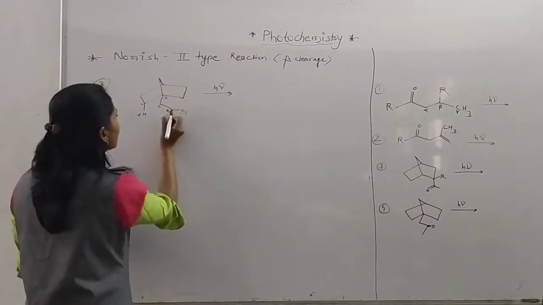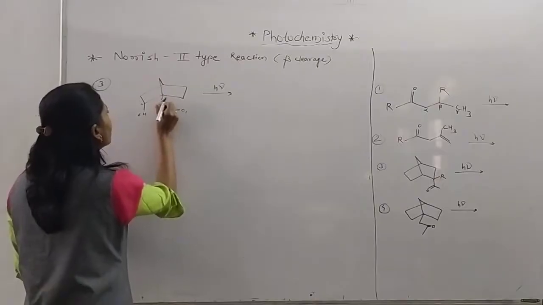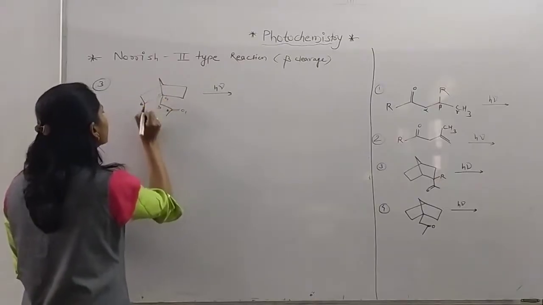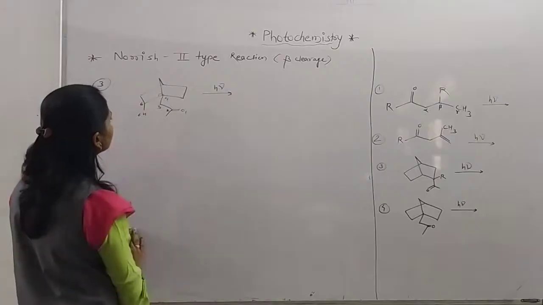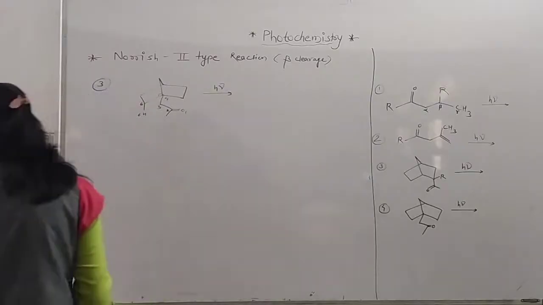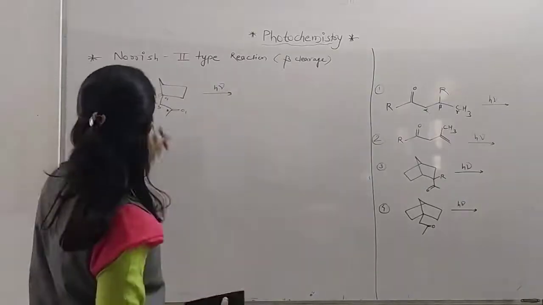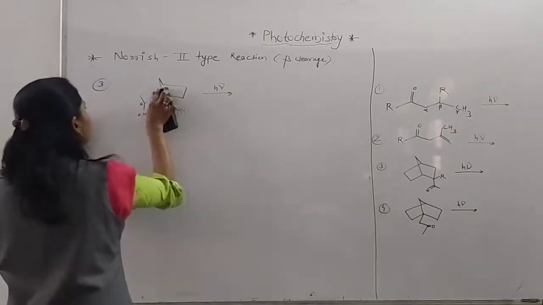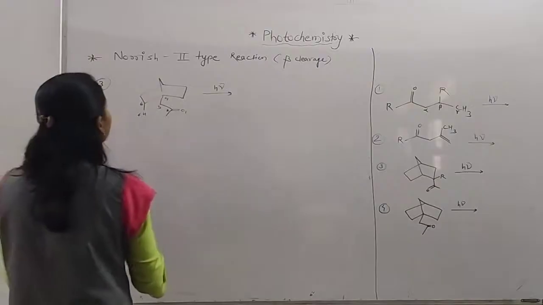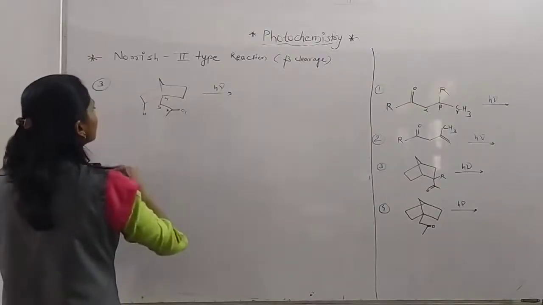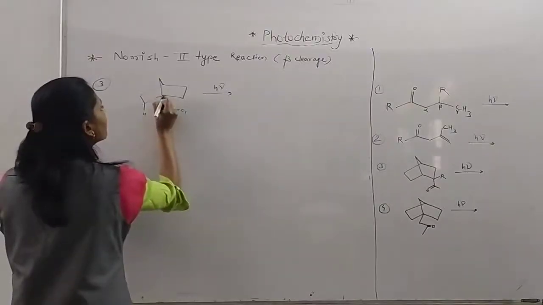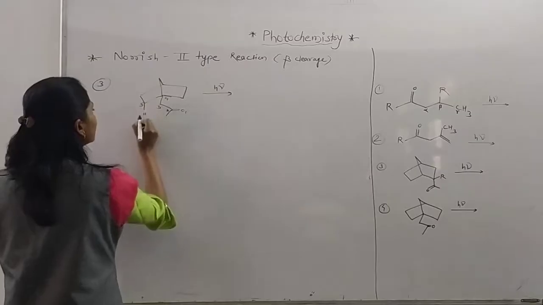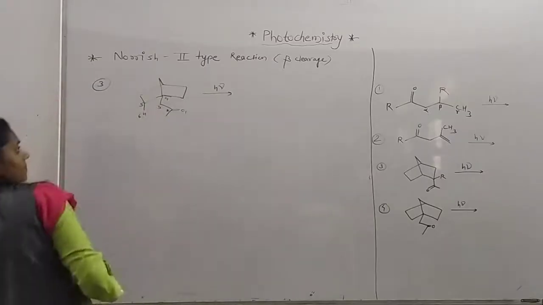Numbering is from this carbon: 1, 2, 3, 4, 5, 6. Oh, sorry. I have given the number again and again here. This is carbon number 4, 5th, and this is 6th.